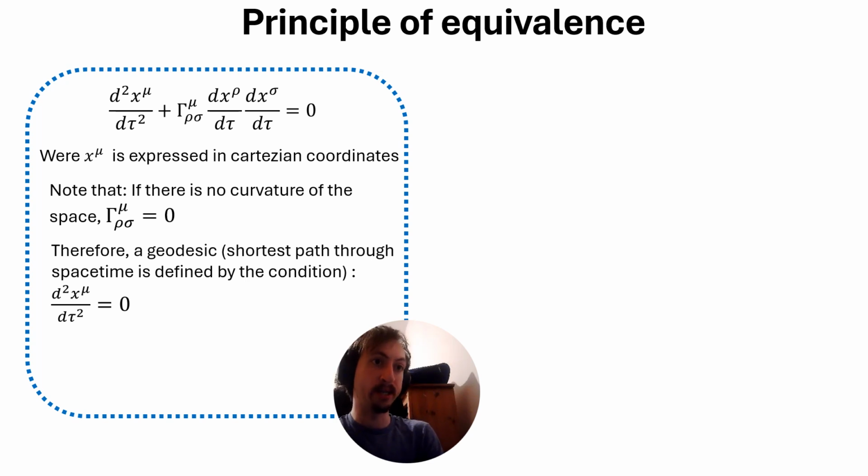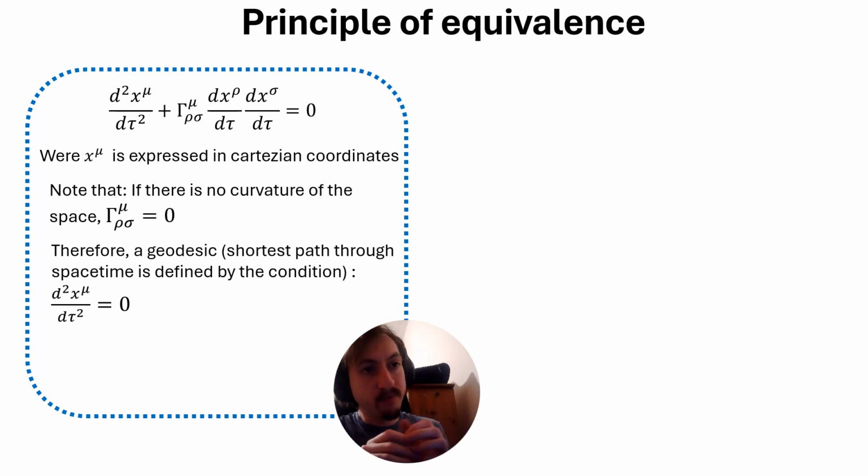essentially it can't accelerate. And so that's telling us that if an object is naturally moving through flat space-time and isn't experiencing any other forces, it will not accelerate. In other words, it will have constant four-velocity, including constant velocity through space.